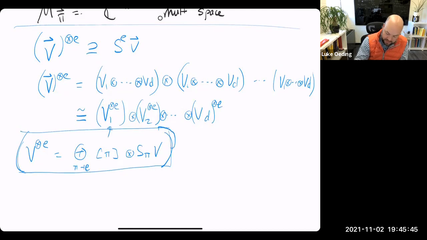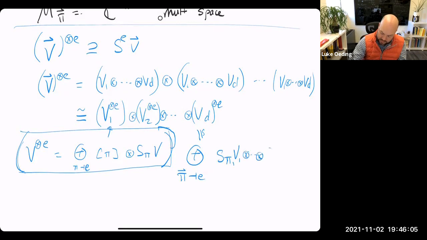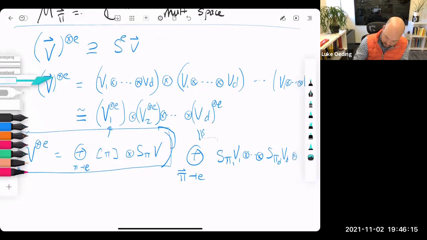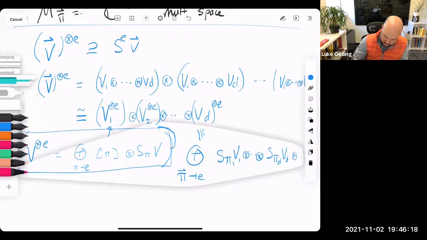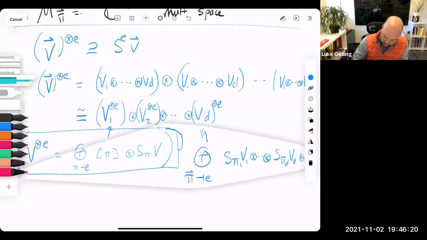So this is isomorphic to a big direct sum over these multi-partitions, all of the same integer E, of S pi 1 V1 tensored up to S pi D VD, tensored with, okay, I'll move this over.